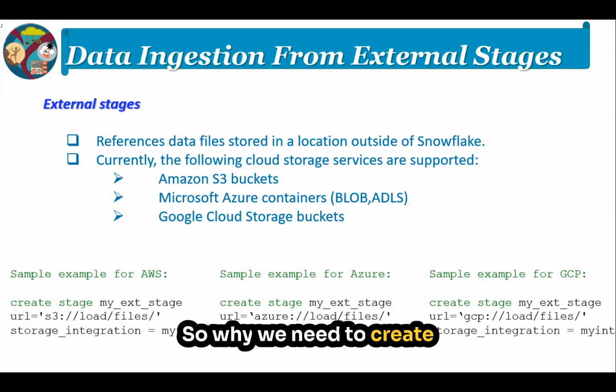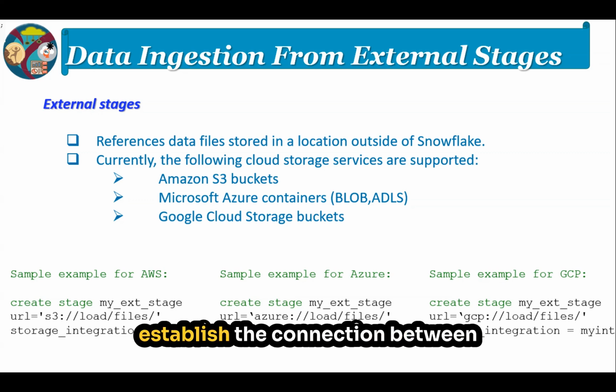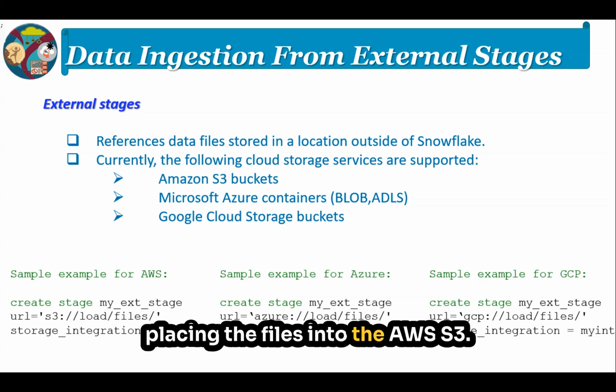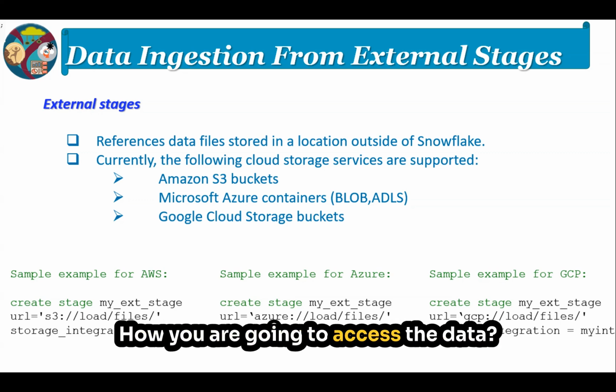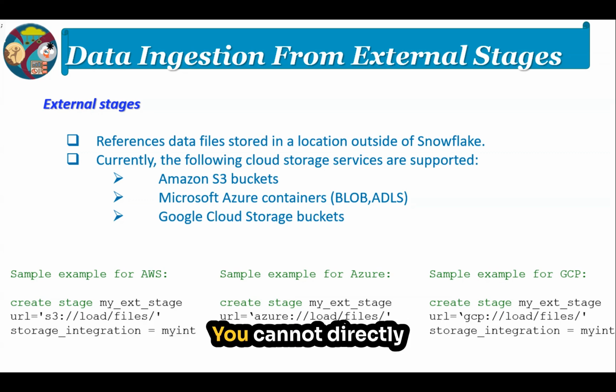So why do we need to create the storage integration? What is the significance of the storage integration here? As I mentioned, you need to establish the connection between the Snowflake table and the AWS S3 bucket. Now the source team is placing the files into AWS S3. How are you going to access the data? You need access, right? You cannot directly access those files, right? So how will Snowflake get that access?